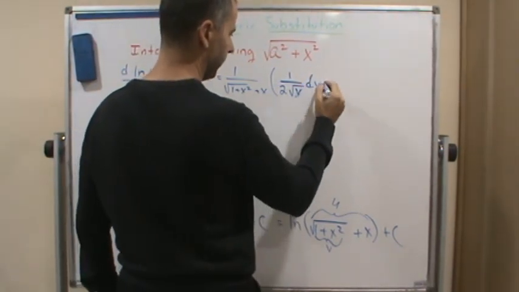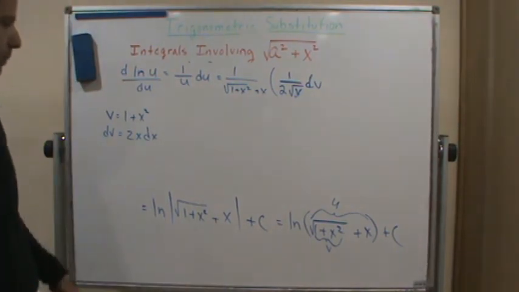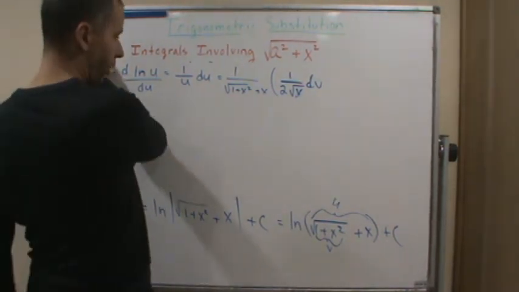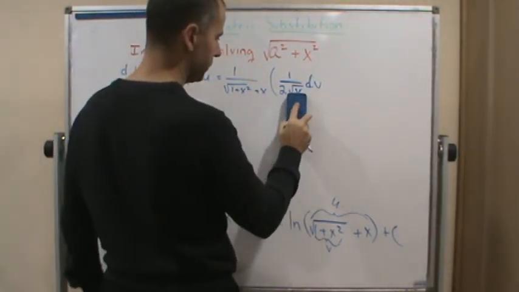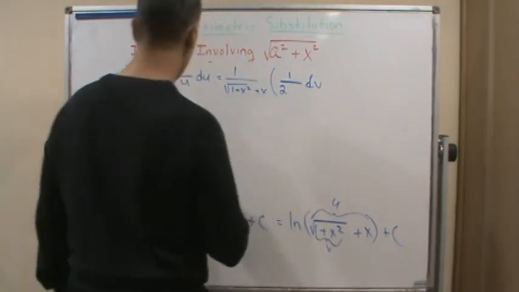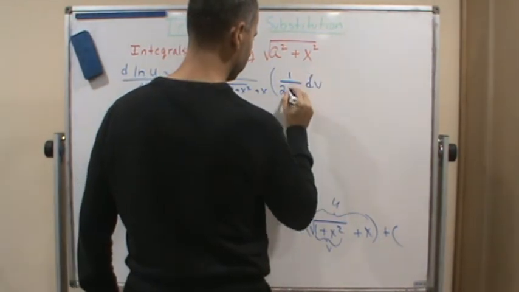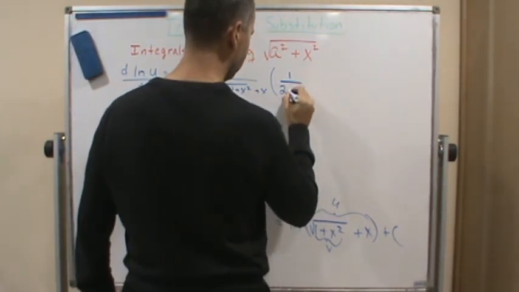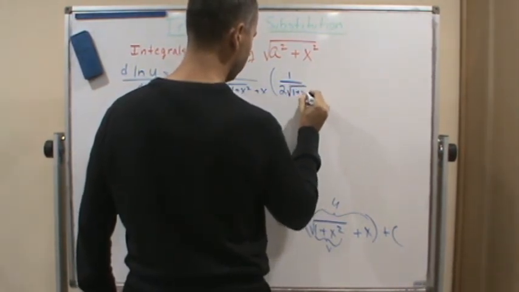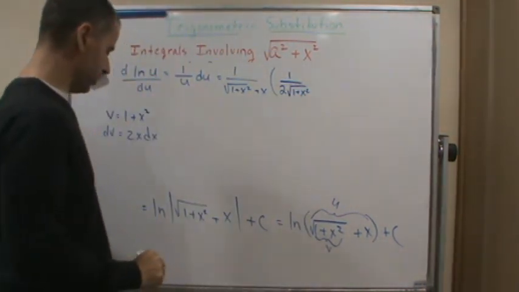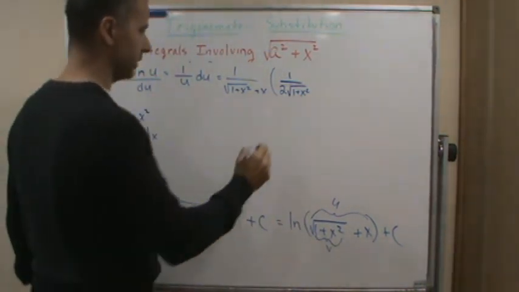Okay, so let's stop here. So now I'm going to substitute back in for x, right? So what happens here? This becomes the square root of 1 plus x squared. dv, which is the derivative of the inside, is just 2x.